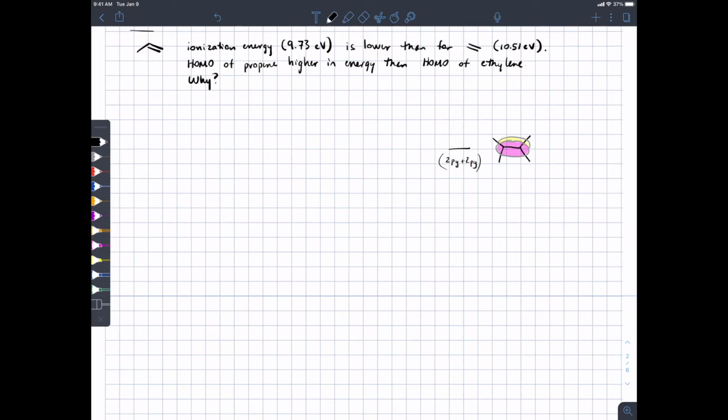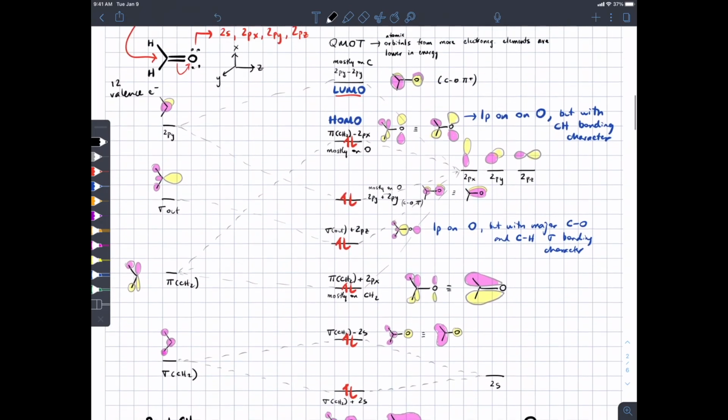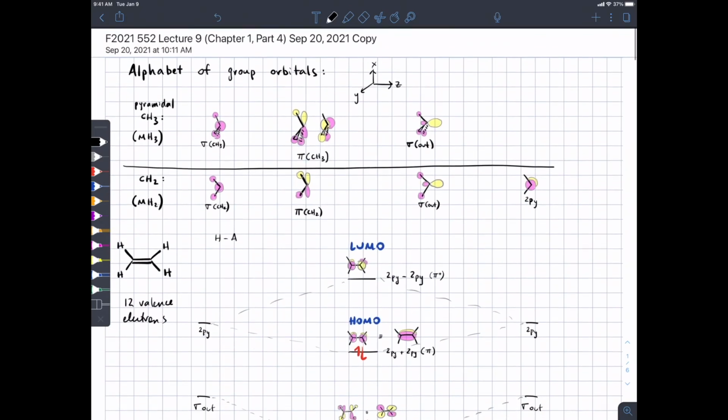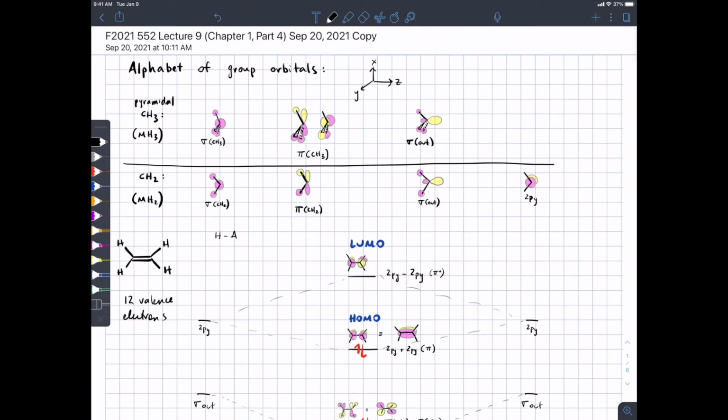And then we're going to imagine mixing that with one of the available orbitals from pyramidal methyl. So let's look at our available orbitals and see whether any of them look like they might be able to overlap with the 2py. Let's go ahead and take this one because this one looks like it has electron density above and below the plane of the page with a node in the XZ plane.